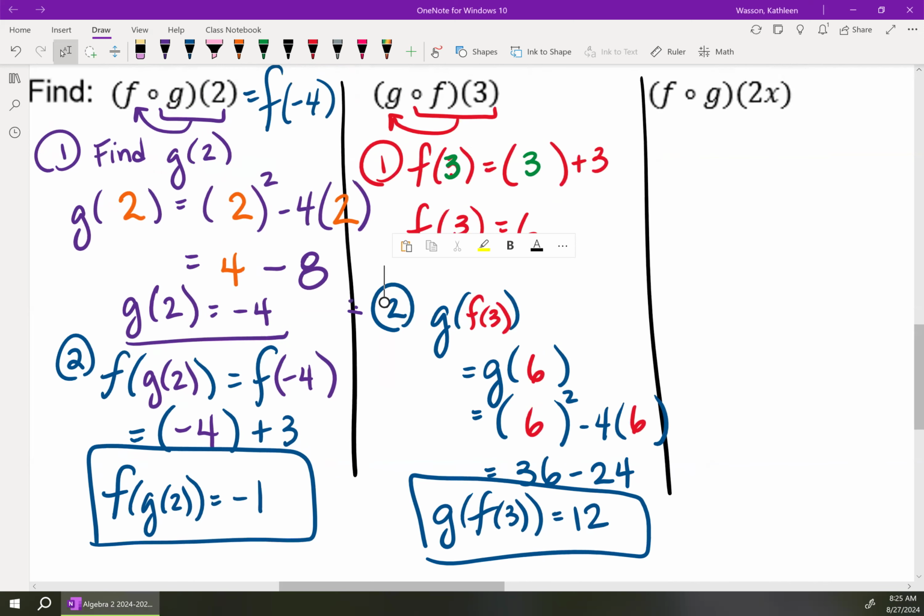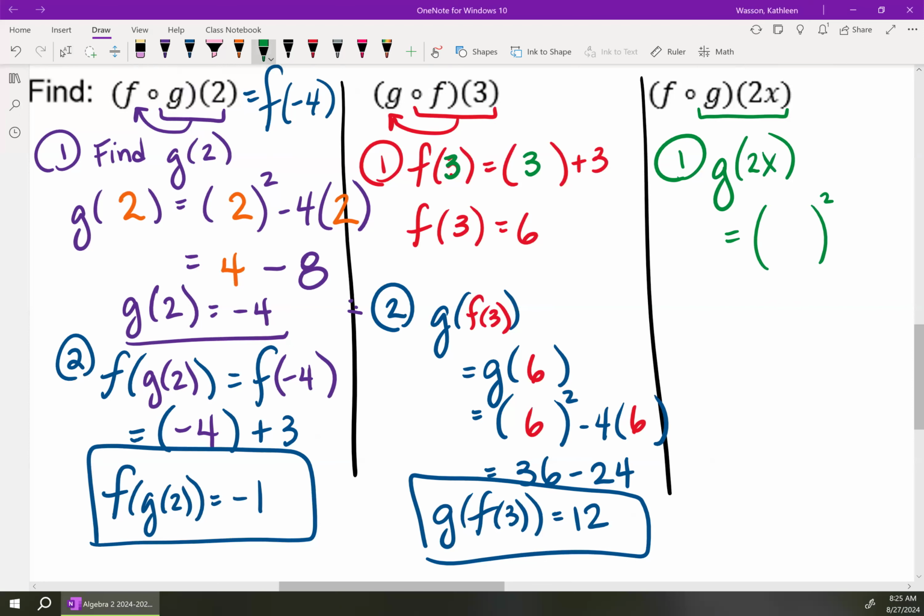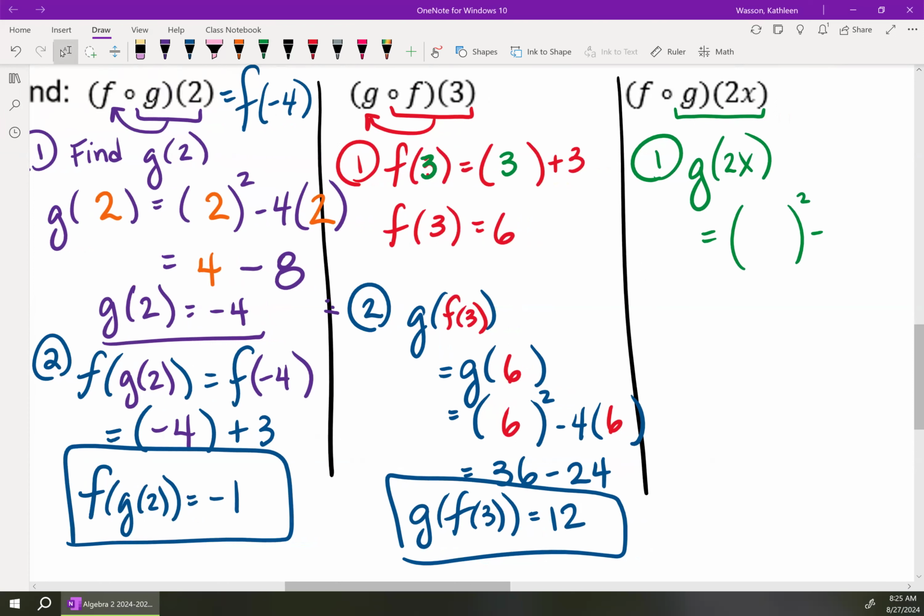I can also find f of g of 2x. In this problem, I first need to find g of 2x. G of anything is whatever I substitute squared, and I subtract 4 times what I substitute.